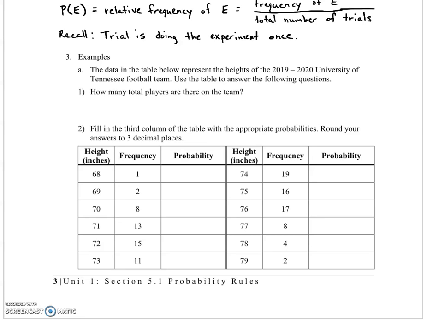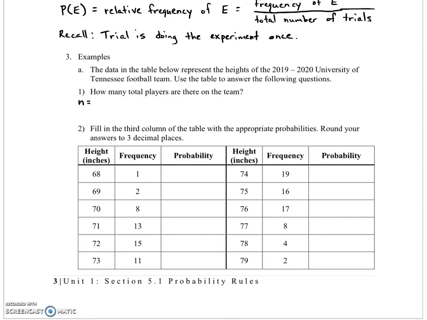This is our N that we talked about before, our little n, our sample size, which is also the total number of trials. So we need to add up all the frequencies.